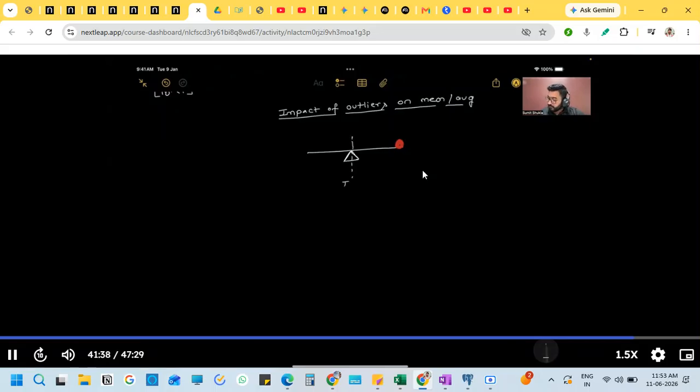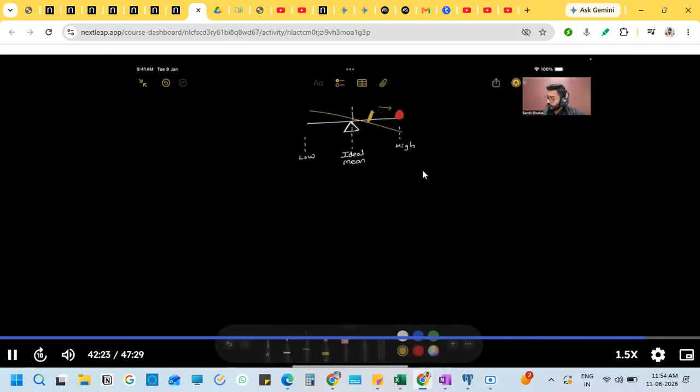This is the ideal mean. But your outlier is on the higher side. So let's say this is low and this is high. Your mean will be pulled towards the outlier. So your balance will go like this, and your mean will be shifted towards the outlier. Let's say the mean is now over here. This is your new mean, so your mean is shifted towards the outlier.